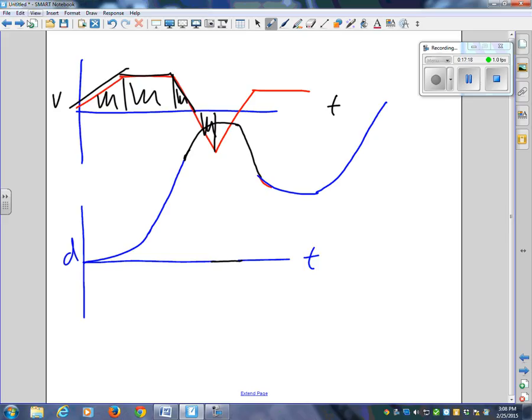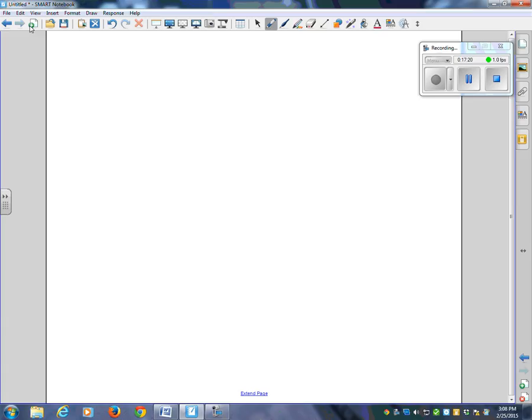Let's look at the next one then. Where did I put my... There we go. Okay, now the next one goes from dt to vt, which I think is actually easier.